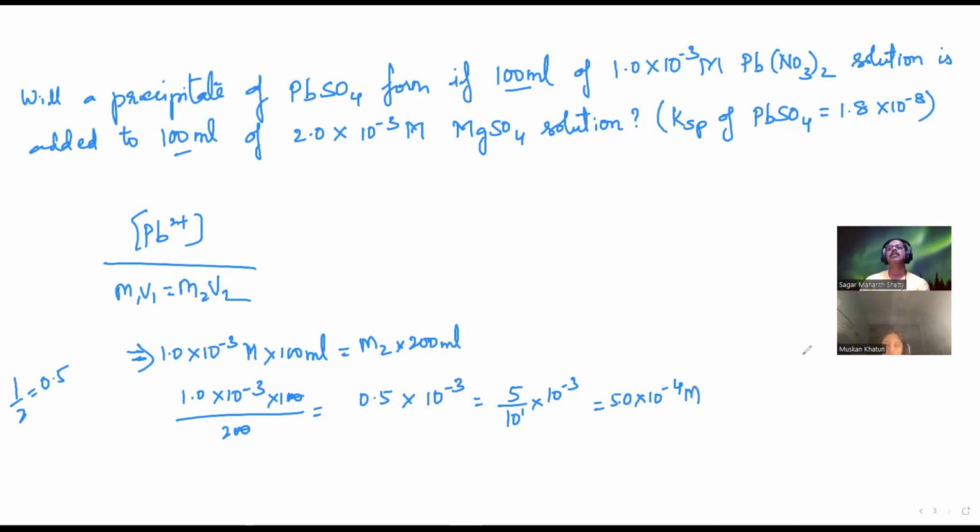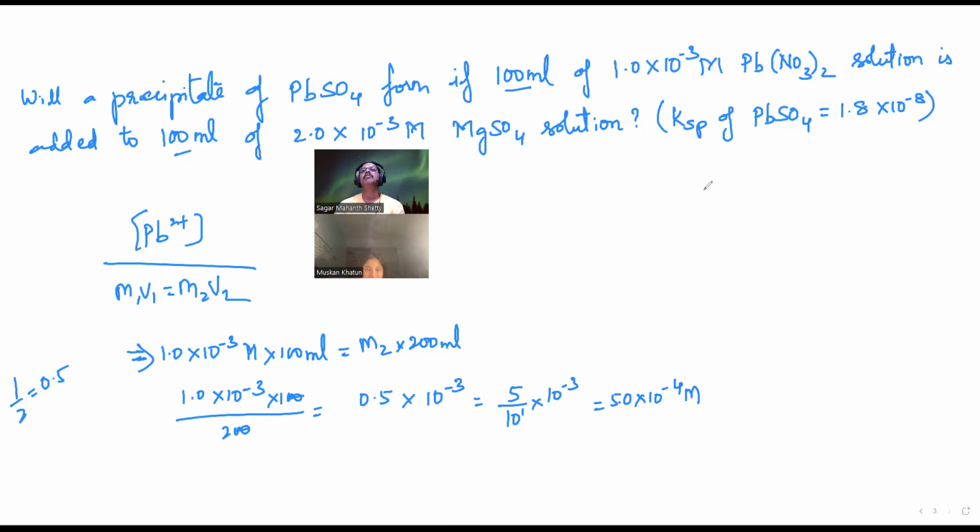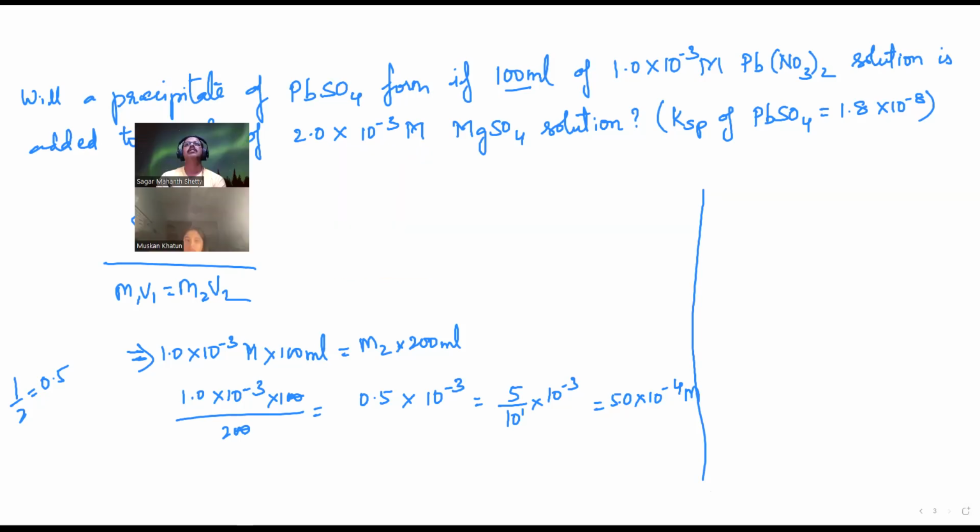Okay. So similarly, let's find out for the other one. Nitrate. No, sulfate, I'm sorry. PbSO4, right? Yes, it's for sulfate. So for sulfate, what would that be now? Same thing again. If you're finding out for sulfate, SO4 2 minus, M1V1 is equal to M2V2.